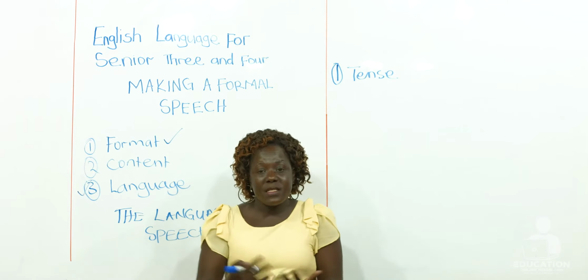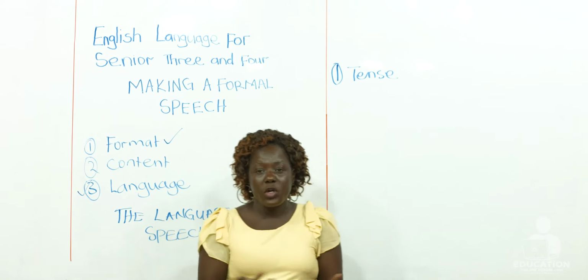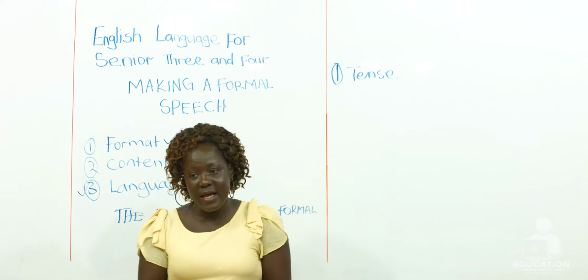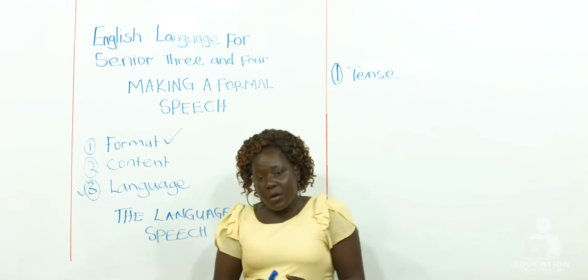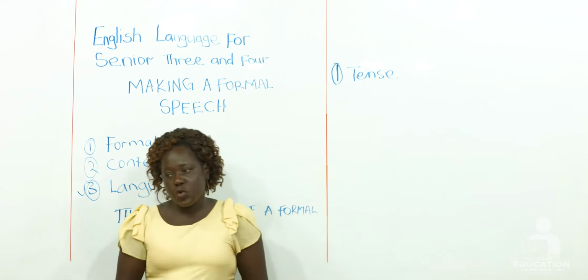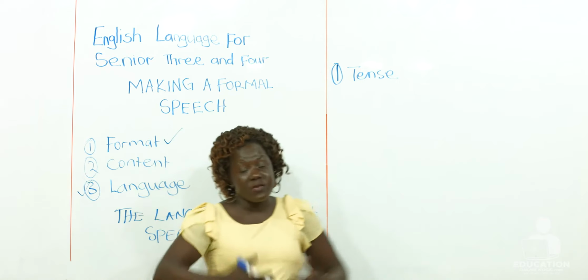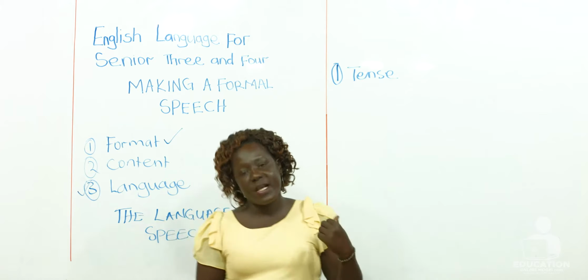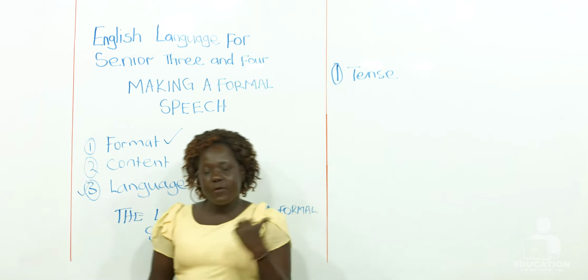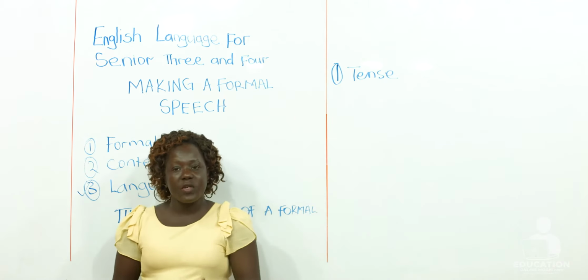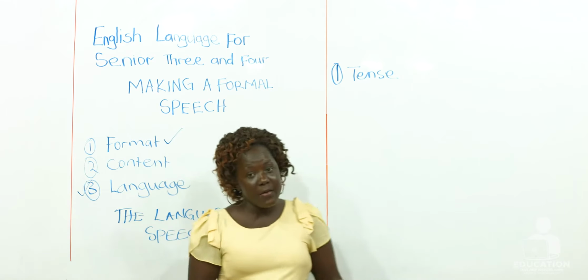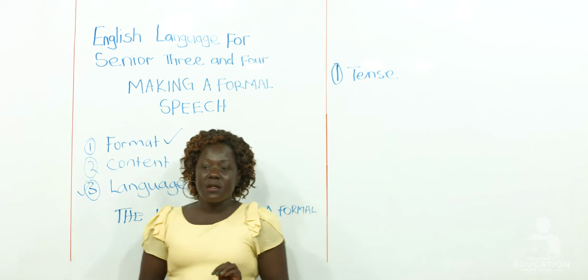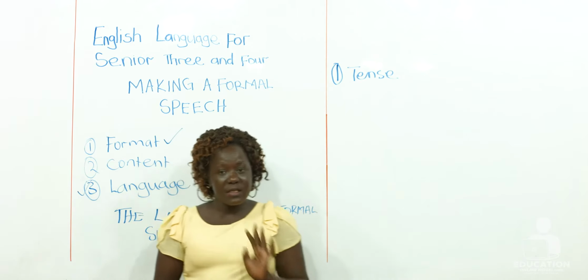Here we expect this head girl to use present tense like, I want to encourage you to have the spirit of sacrifice the way our former freedom fighters fought for us to bring South Sudan to the level where we are right now. Here she's still only using present tenses.